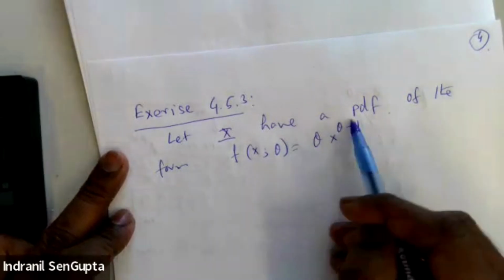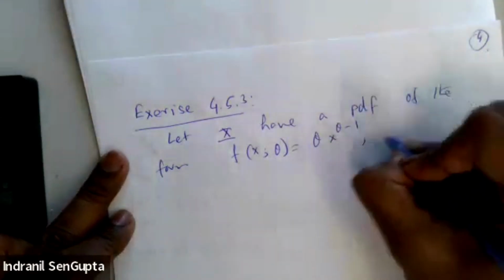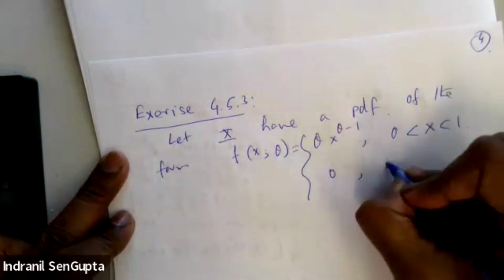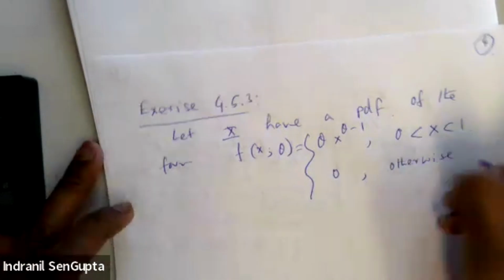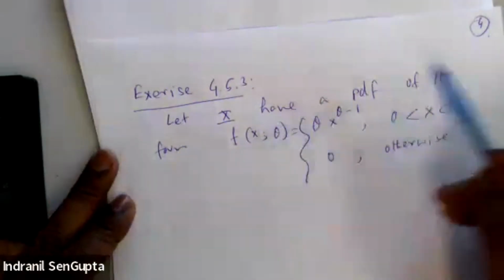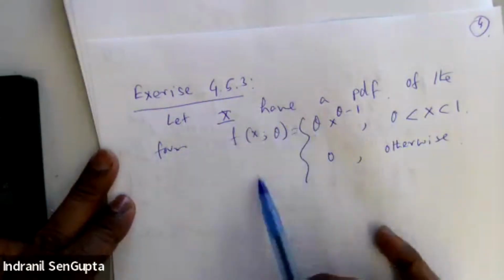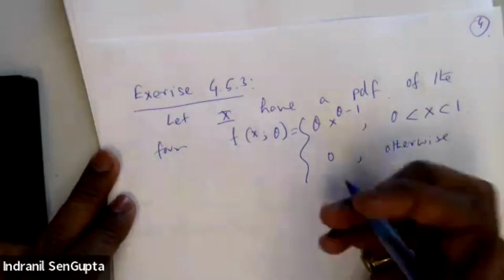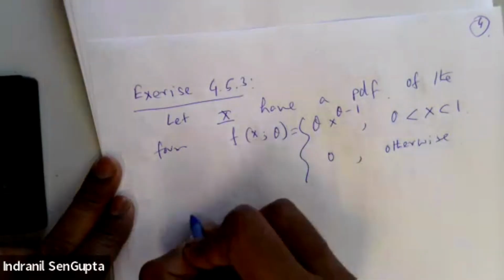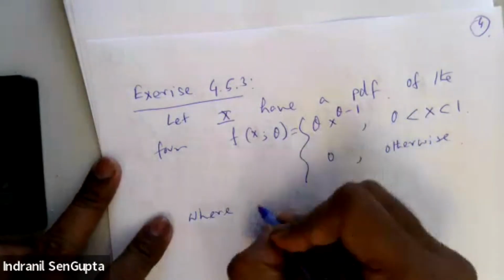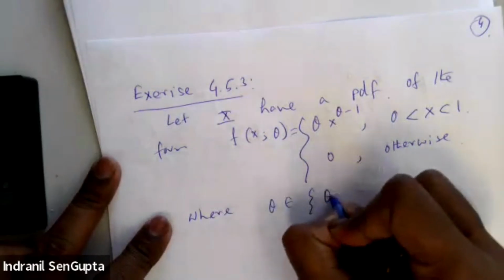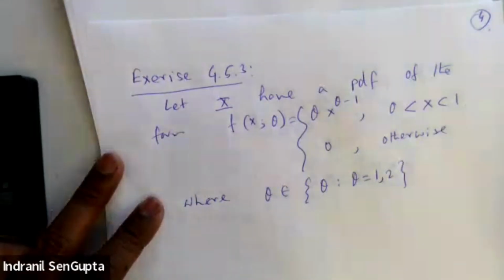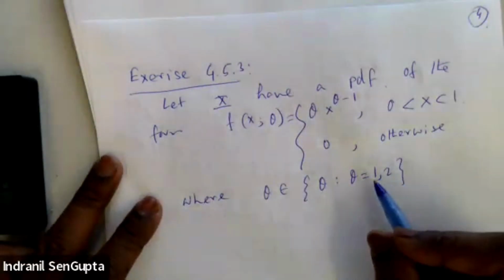This is a PDF for 0 less than x less than 1, and 0 otherwise. I can check that if I integrate between 0 and 1, no matter what theta value you take, it's always 1. Maybe we have reasons to believe that theta is either 1 or theta is 2.